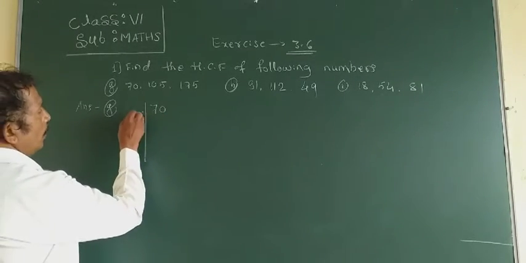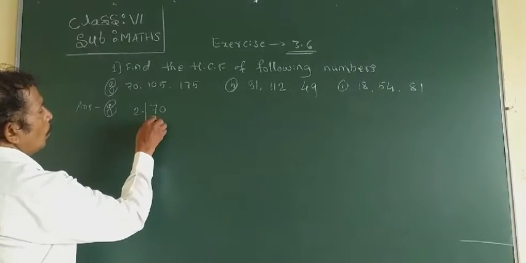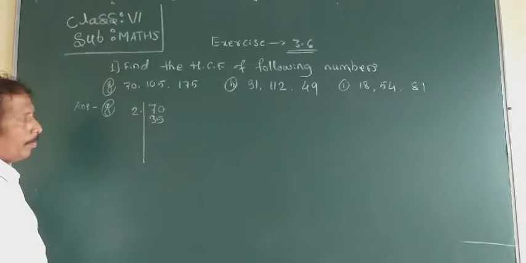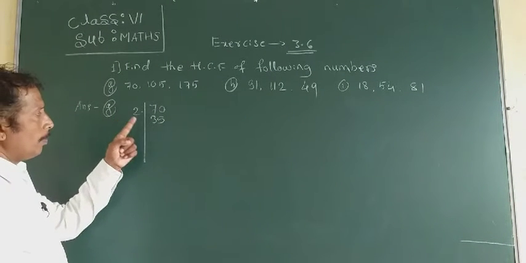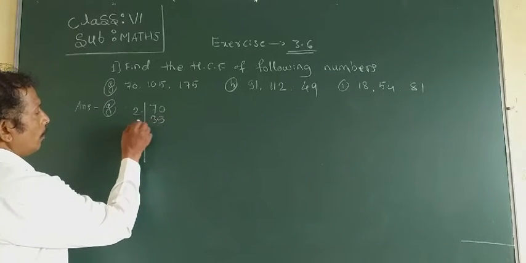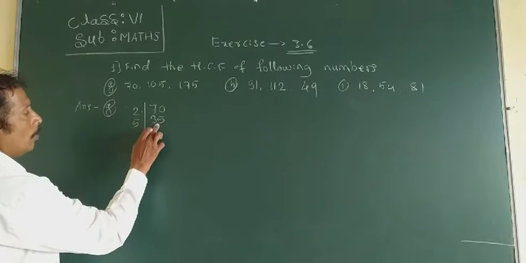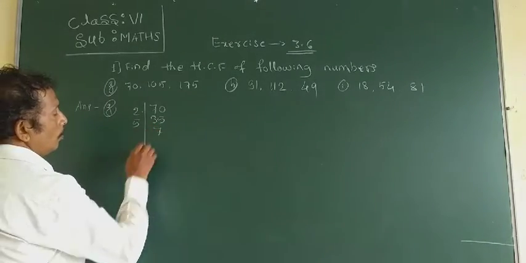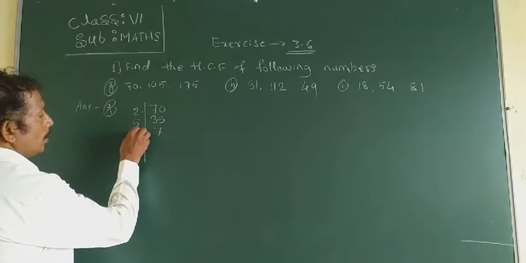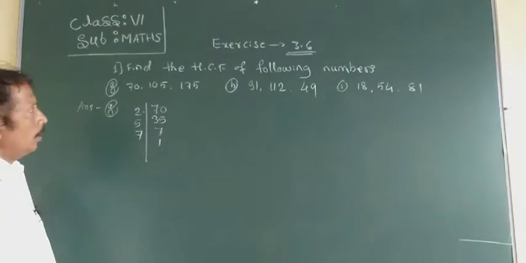We can divide 70 by 2. 2 35s are 70. Now 35 is not divisible by 2, not divisible by 3, but we can divide 35 by 5 because this number is ending with 5. 5 7s are 35. Now 7 is divisible by 7, 7 1s are 7.